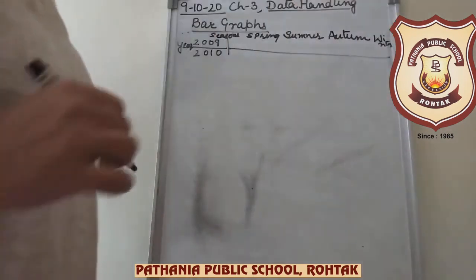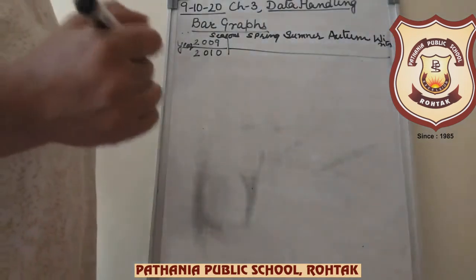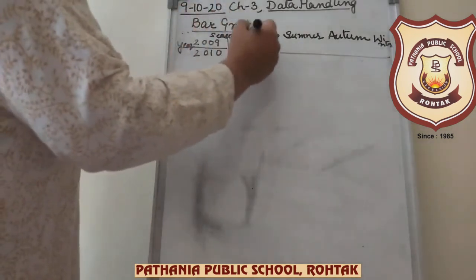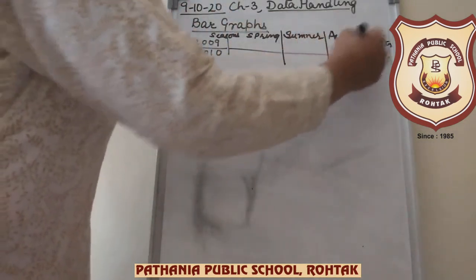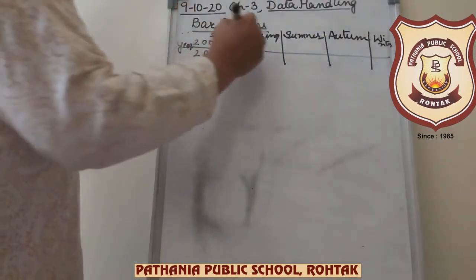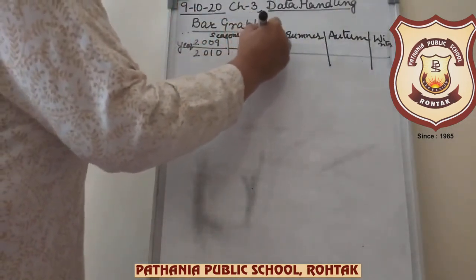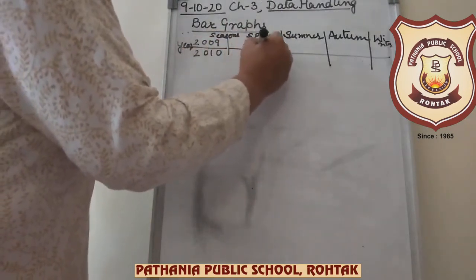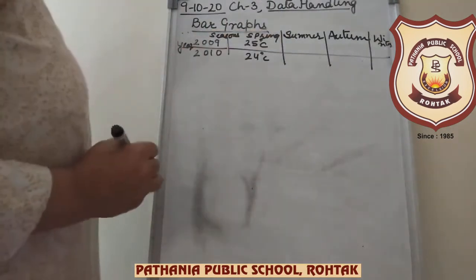Okay. Now they are giving you the average temperature in 2009 during the spring season. The temperature was 25 degrees Celsius, whereas in 2010 it is 24 degrees Celsius.